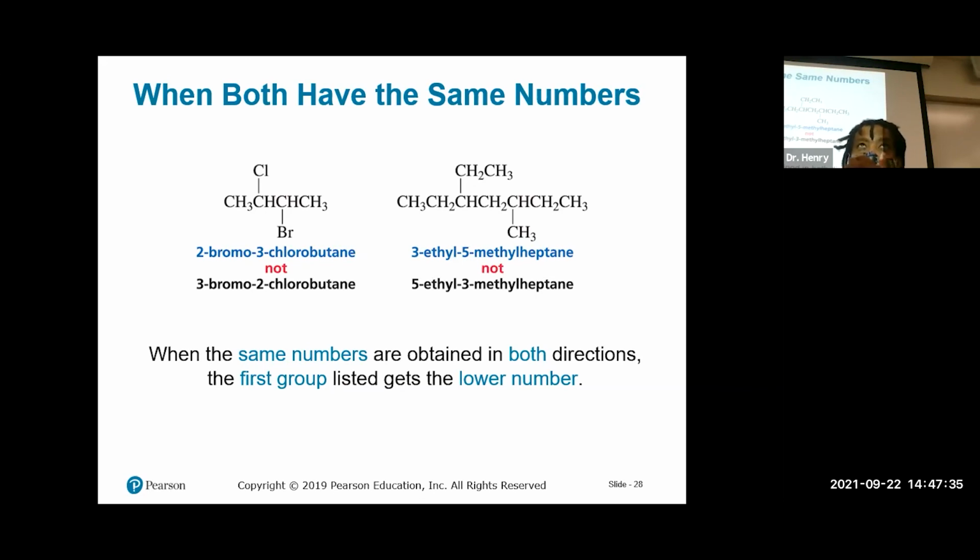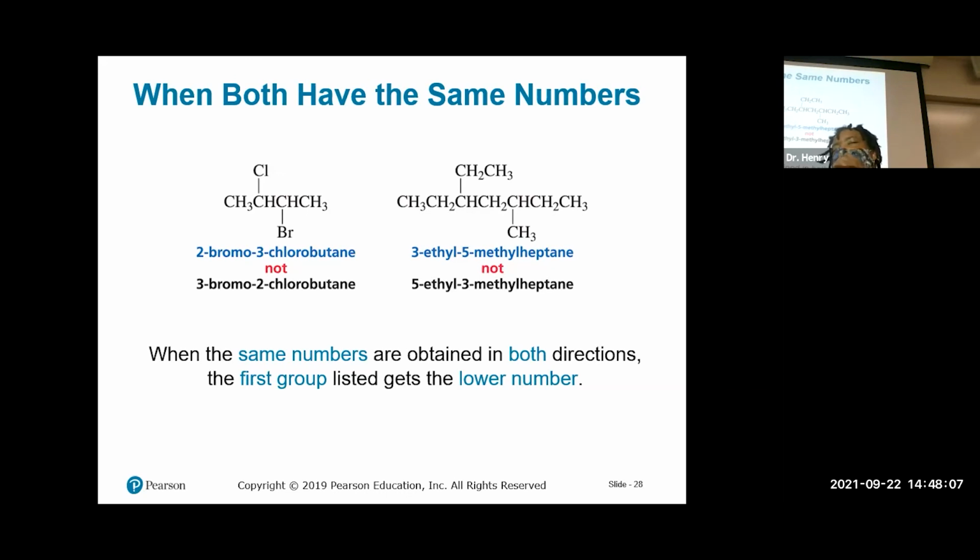So even though it's 2, 4, 5, the 2, 3, 9 wins because it's 2, 3, because you want to go with the lowest number first. Does that make sense? Even though that other number is different, you still want to go with the lowest number. 2, 3 is lower than 2, 4.